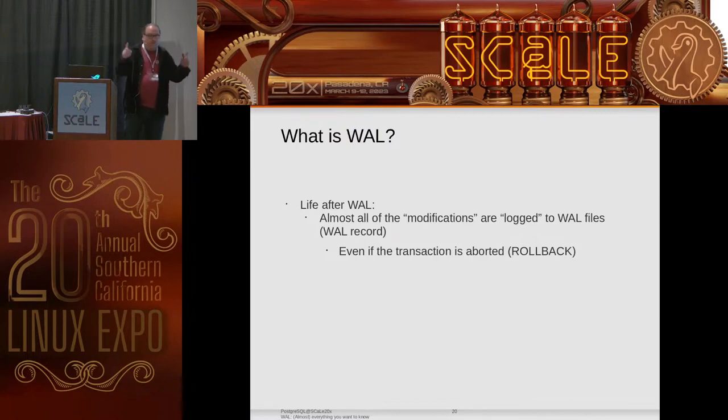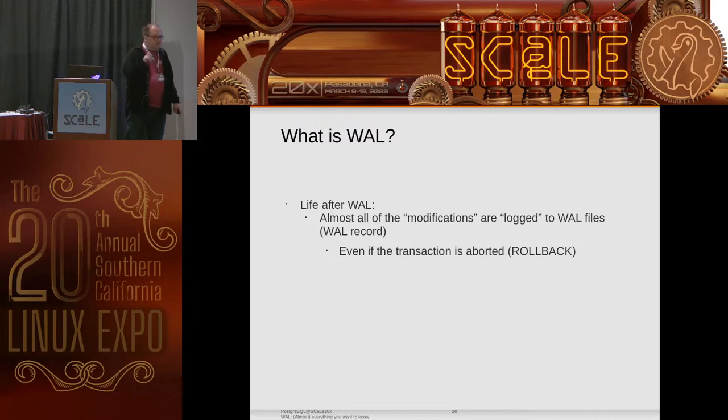So all the modifications, that's why I didn't say any SQL keywords. All the changes are logged to the WAL files. I'll get there. Even if the transaction is rolled back.